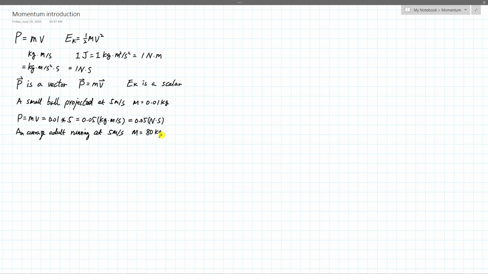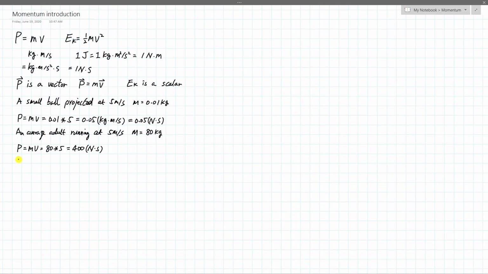So the momentum magnitude is mass times velocity, 80 times 5. So it's 400 Newton seconds, or in this other unit, whichever you prefer. So 400 units of momentum. That is hundreds of units for a human being that's running.